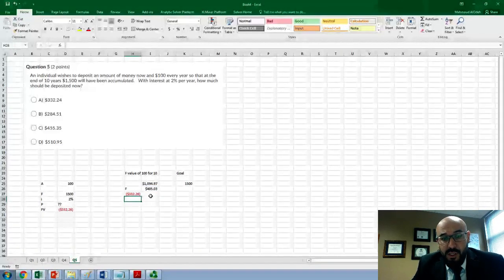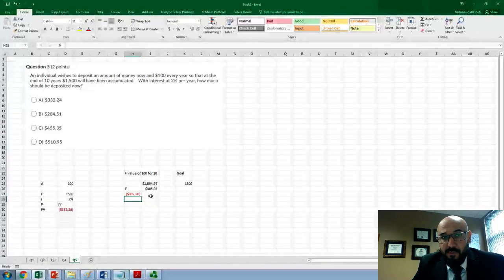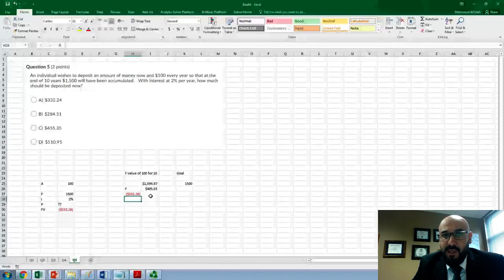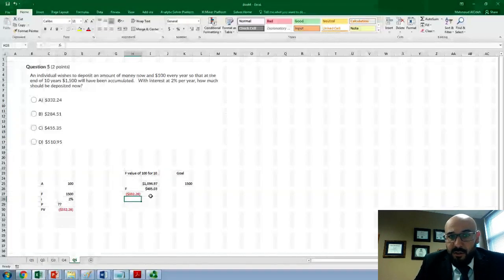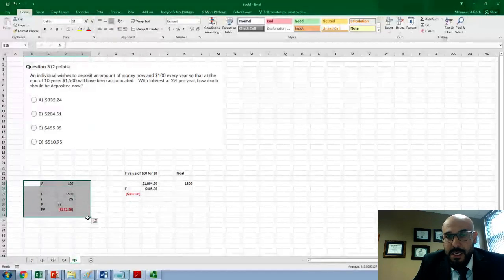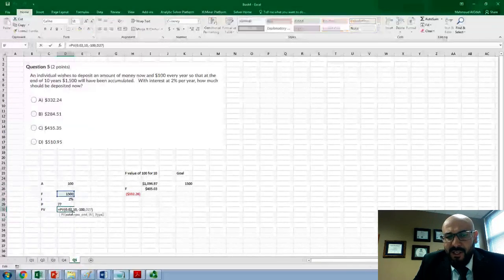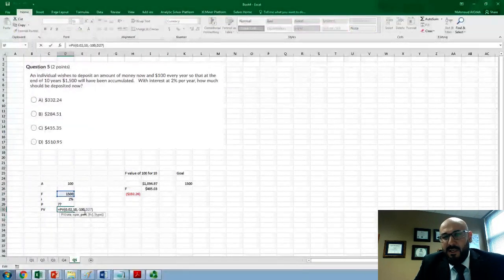So I'm going to leave you with these two ways of calculating how much you have to deposit at the beginning of the 10 years in order to receive the $1,500. You select which way makes sense. This is the easiest way, but personally it does not make sense to me because I'm dealing with a function, and I wasn't sure it would give me the right answer.